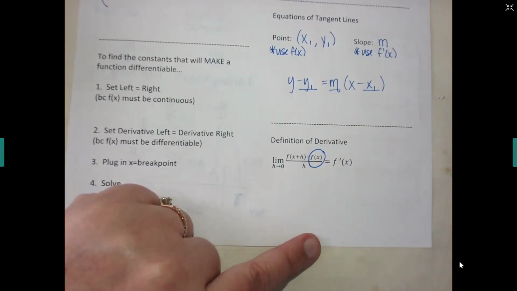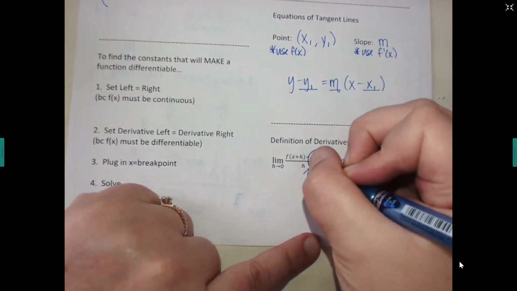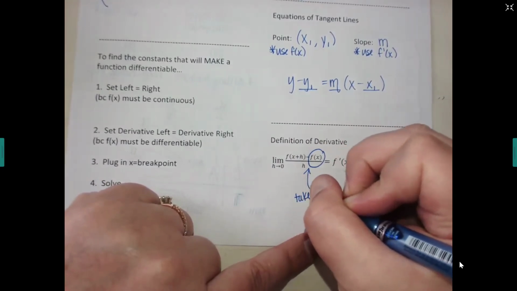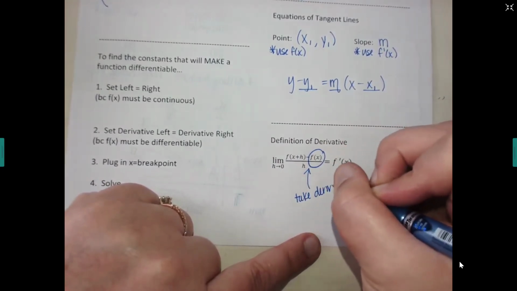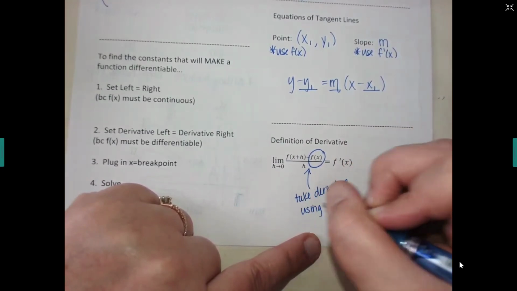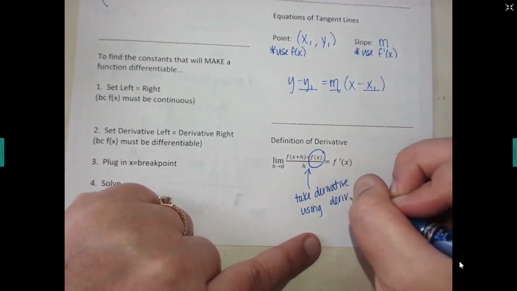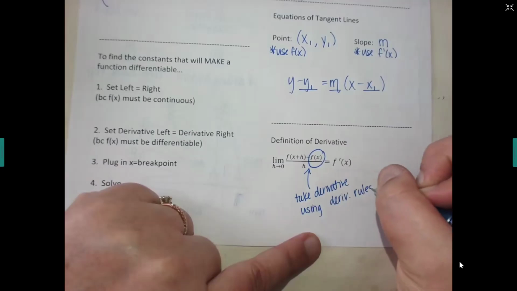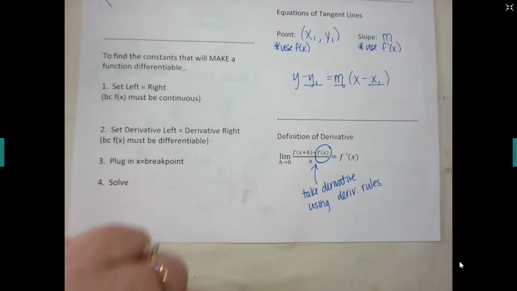You're circling what's behind the minus, and then you're just going to take the derivative using your derivative rules. On the AP test, they're not going to ask you to work one of those out the long way. So you just have to know whatever's behind the minus, if h is going to 0, I'm taking the derivative of that.